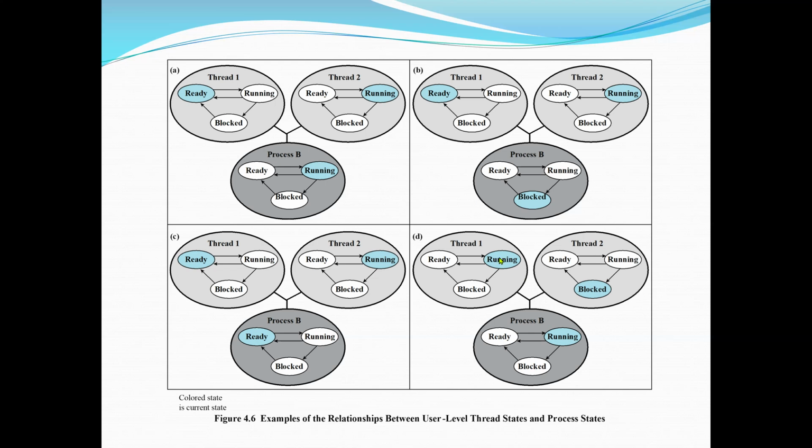The process itself remains in the running state, and the corresponding state diagram is shown here, figure 4.6D. So we can note that each of the 3 preceding items suggests an alternative event, starting from diagram A all the way to B, C, and D.